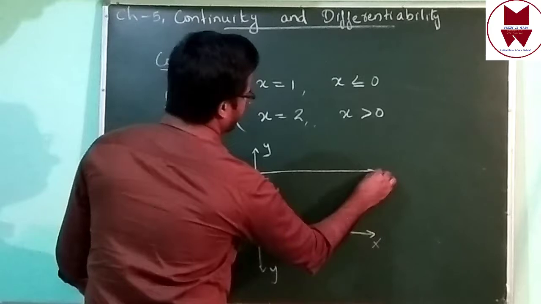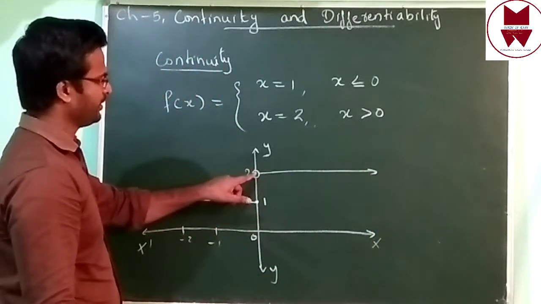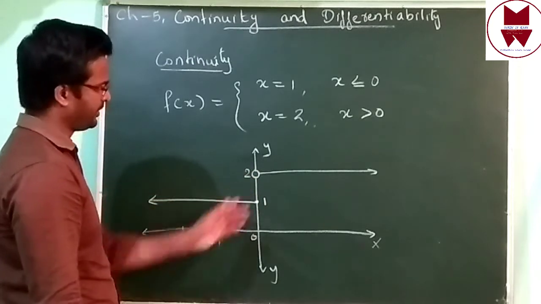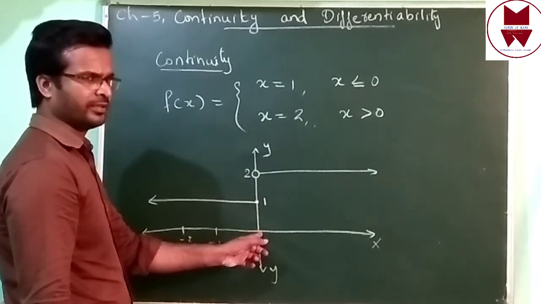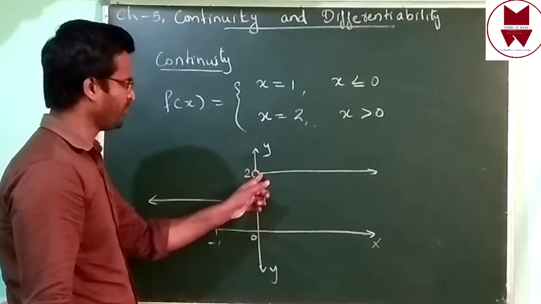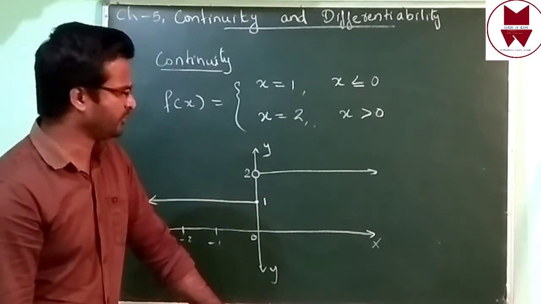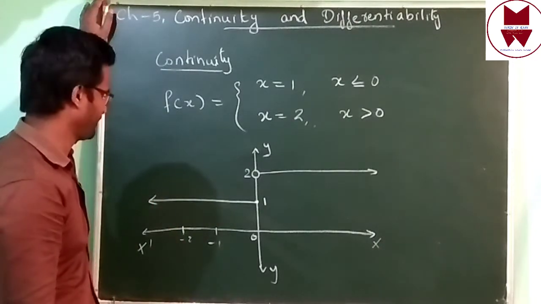Then on this right side, all the values will be 2. This point we cannot consider, but nearby that point, say 0.1, 0.01, otherwise 0.00001, if you consider that also, you will get the function value 2. This is the graph of the function.